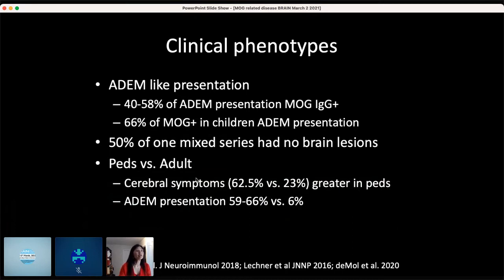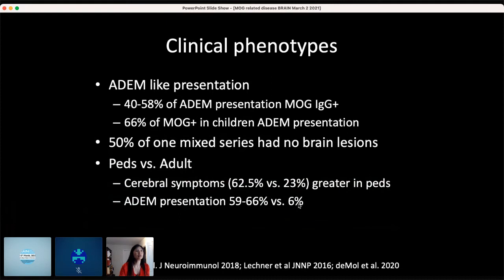Pediatric patients are different from adult patients in that the ADEM phenotype, as you know, is much less likely to be seen in the adult population. An ADEM presentation occurs in only 6% of those who are MOG positive who are adults.